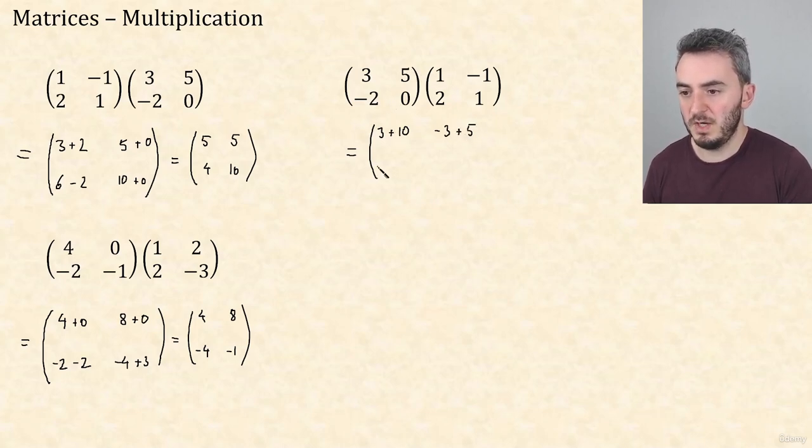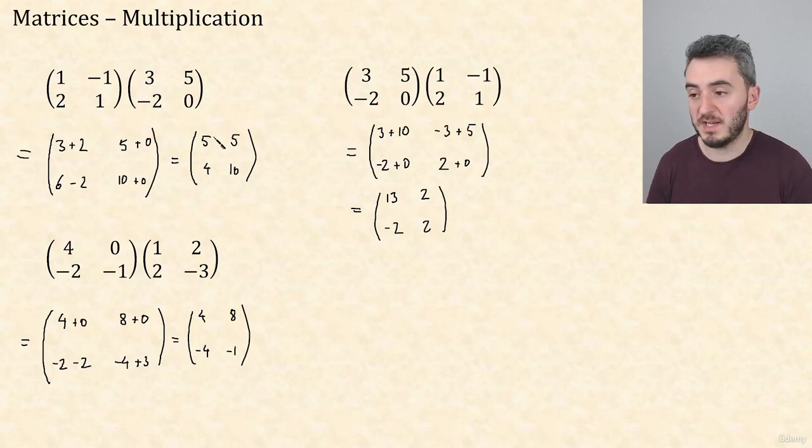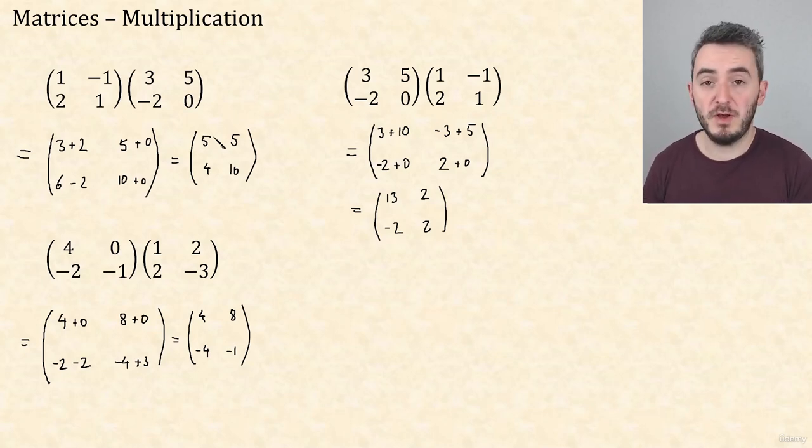Minus 2 times 1, plus 0 times 2, and minus 2 times minus 1, plus 0 times 1. And what we've got is a matrix which is absolutely nothing like the one we had before. So this is the really counterintuitive property of matrix multiplication. If you reverse the order, you get a completely different matrix.